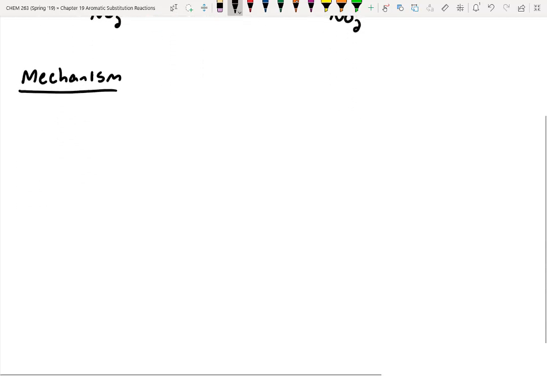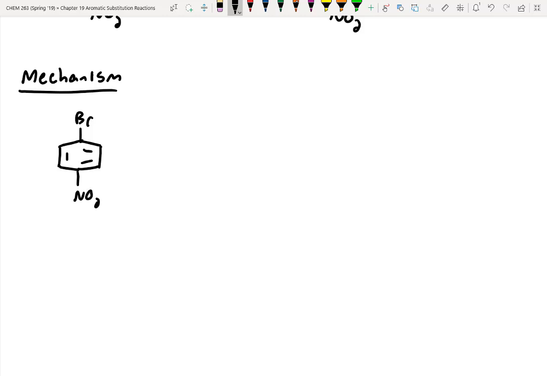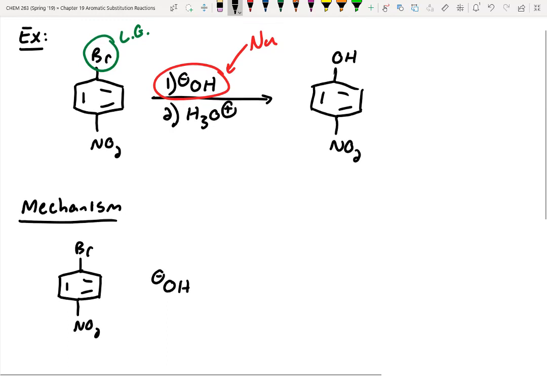All right, so we're going to start out with our basic starting material, and we're going to consider hydroxide. My question is, which position on the ring do you think hydroxide is going to attack? The top one. It makes intuitive sense because that's where the alcohol ends up, right?